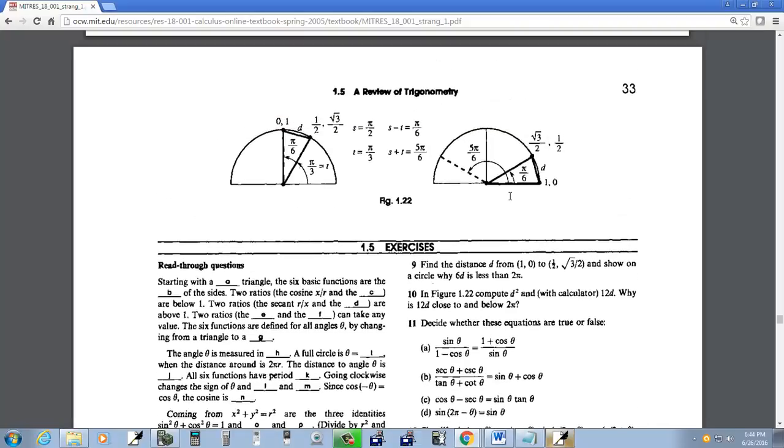Oh, that's figure 1.22. Compute D squared. So what in the world's D? Because this looks like the unit circle. And if D is a diameter, then D would be all the way across, which would be 2.